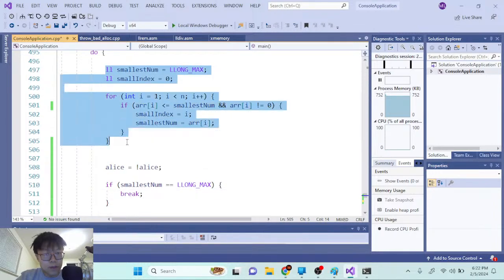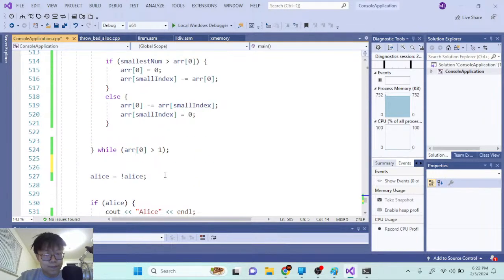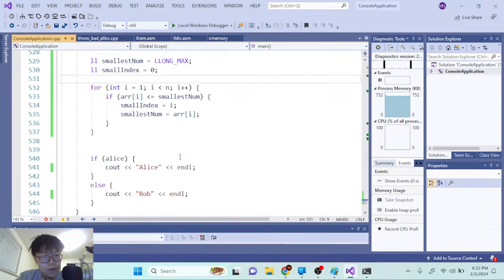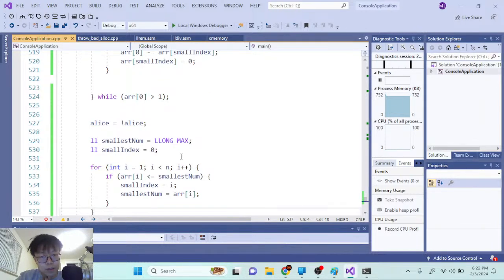Find the smallest number. This time I'm not checking if it's 0. So here I'm finding the smallest number. Now I'm going to swap.